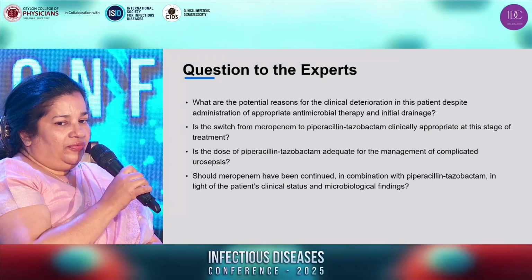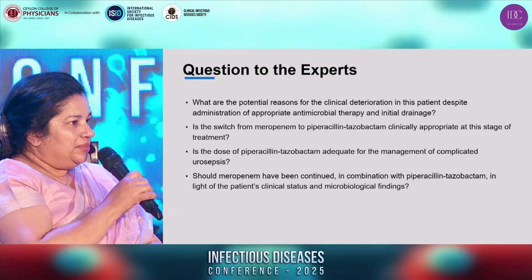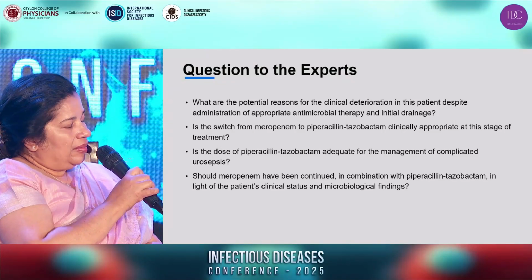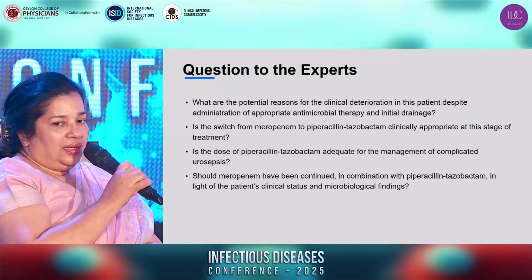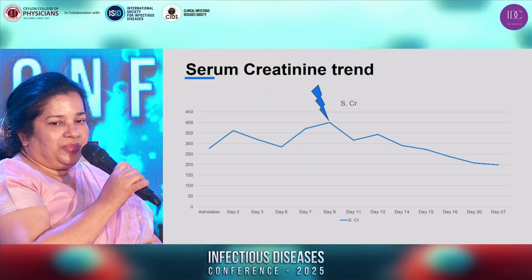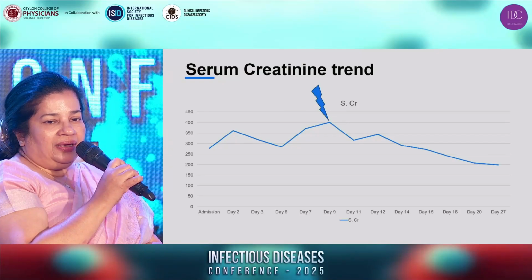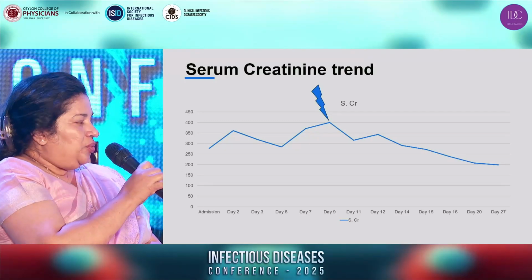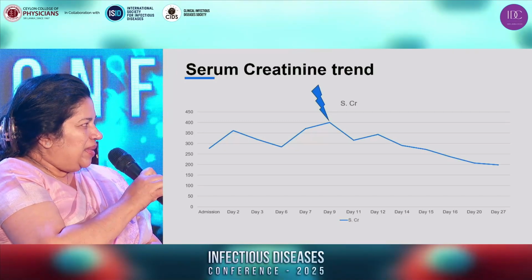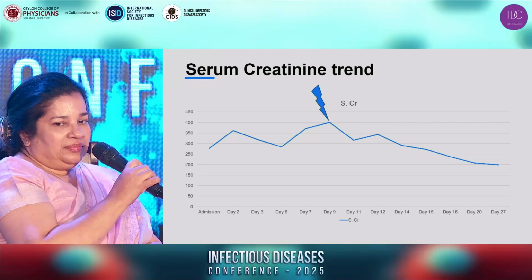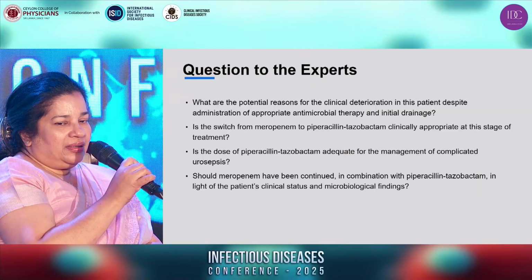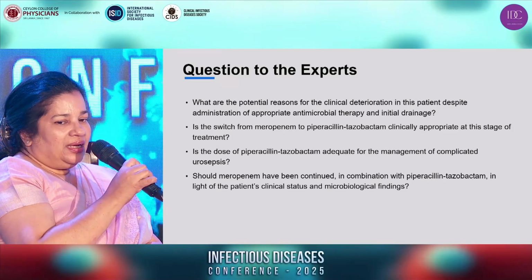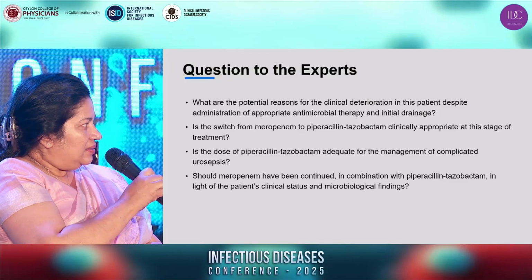And the other thing, if we go for piperacillin-tazobactam, it depends on the serum creatinine. I saw that the creatinine level was very high, around 350, 400. I'm not quite sure whether the clearance could be less than 20. In that case, of course, we may have to adjust the dose. But switching, I don't see much indication, because the source is still there.